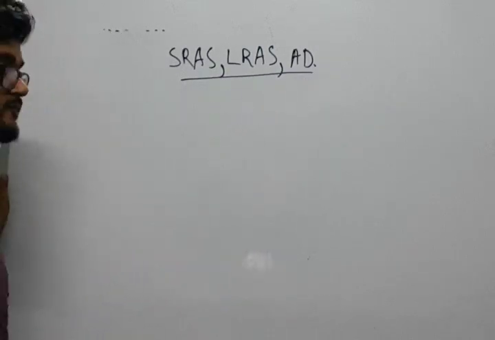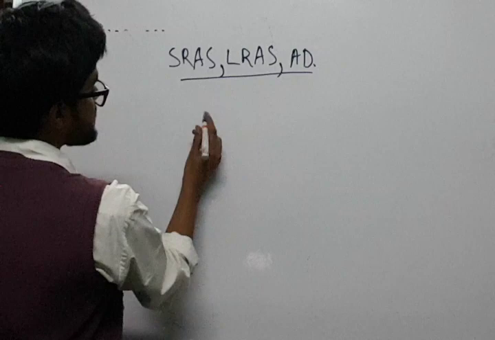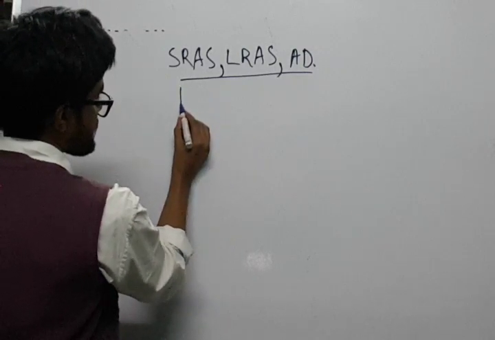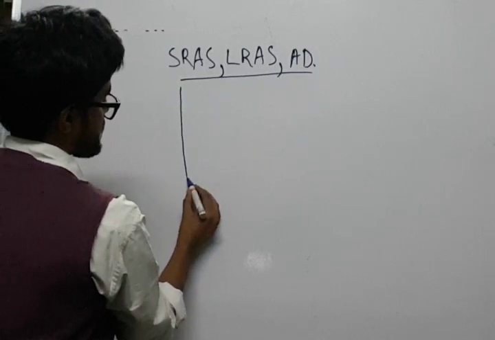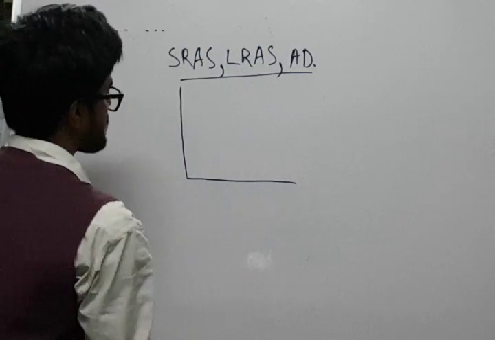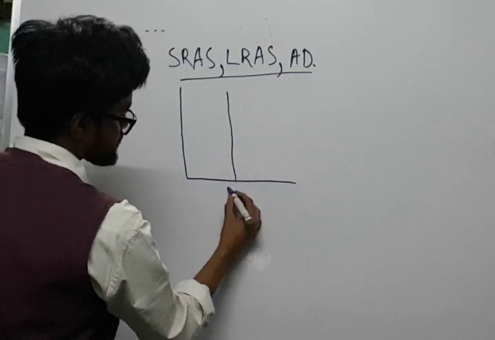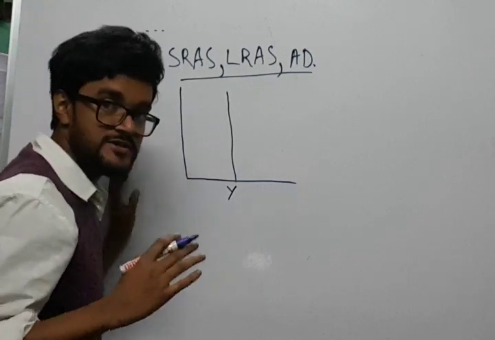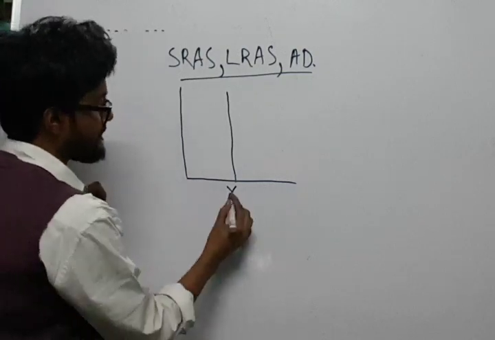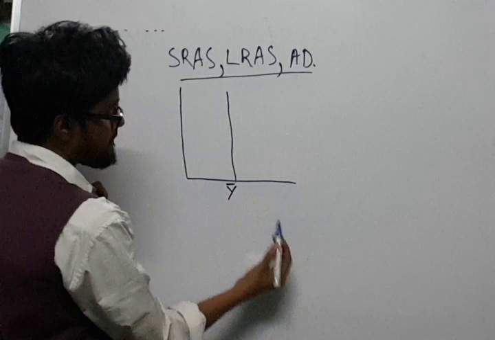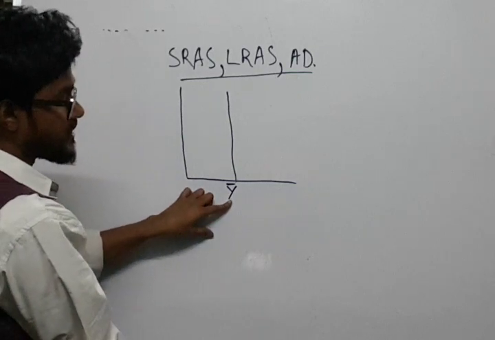Now, first we'll start explaining this with the help of a diagram. As you know, in the long run, it is believed the economy reaches its full employment level of output, which is Y bar, that is the natural rate of output.